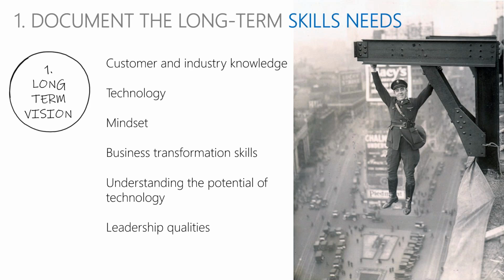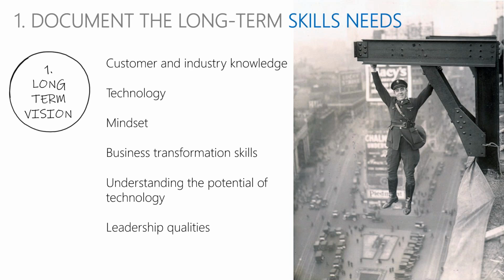I think a great part of a skills plan, or rather a great characteristic of someone in the project management world today would be understanding the potential of technology. Don't have to be an expert in everything. I think what's most valuable is to say, oh yeah, if you're trying to solve that problem, maybe artificial intelligence would help, or maybe for this, we could think about having a bot.